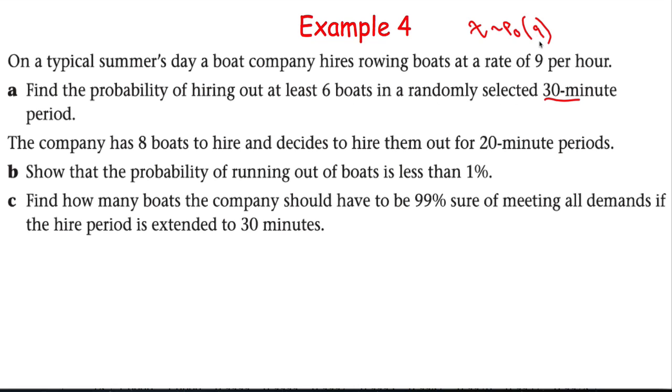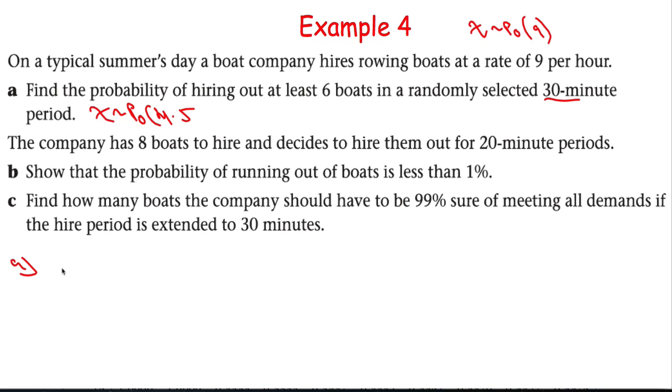So if it's 9 per hour, in 30 minutes that means my lambda is going to be 4.5. So x has a Poisson distribution with parameter 4.5. And what we want here is the probability of at least 6 boats, which means it's got to be greater than or equal to 6.